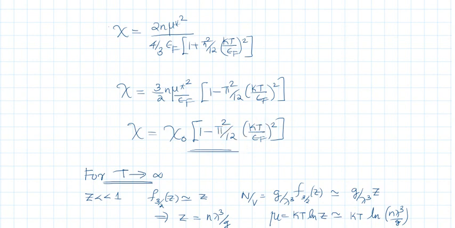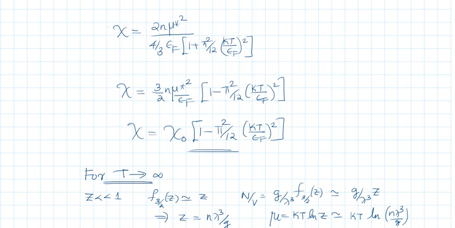Now, for t tends to infinity, what will happen? For t tends to infinity, we know that fugacity z is less than 1. So f 3 by 2 of z, okay, this is the Fermi-Dirac function, which is approximately z if z is very much less than 1. And we also have the number density n by v equal to g by lambda cube f 3 by 2 of z.